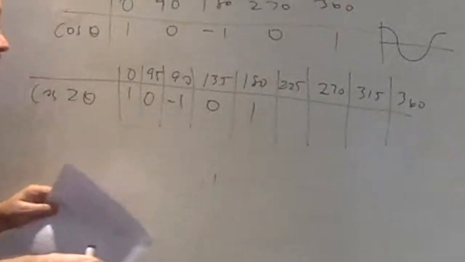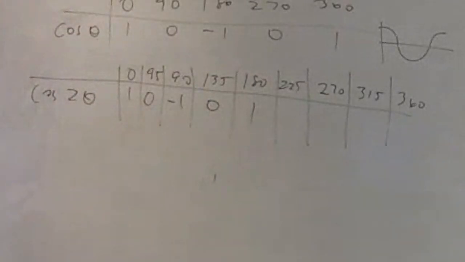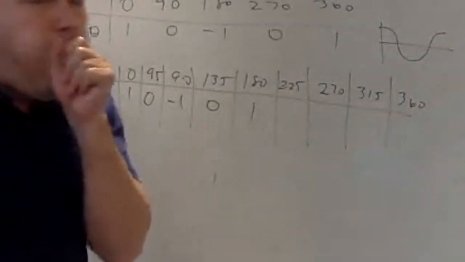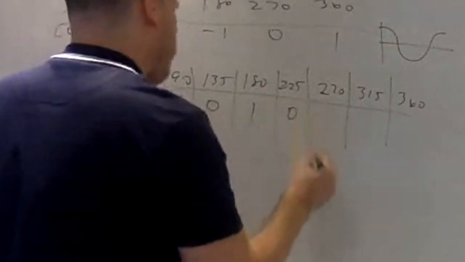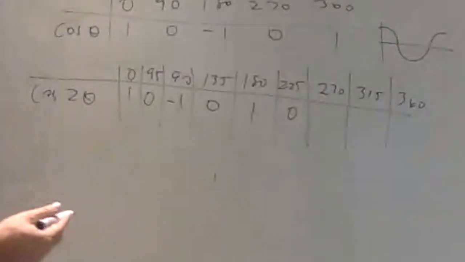Cosine of 225 is 450, which is like 90, so we're back to 0, right?